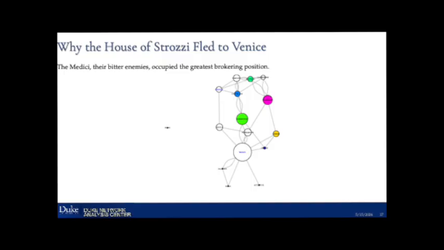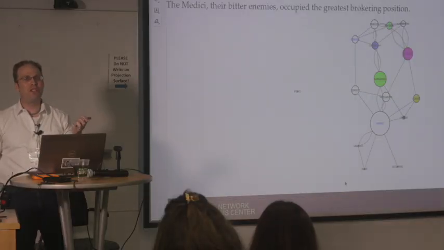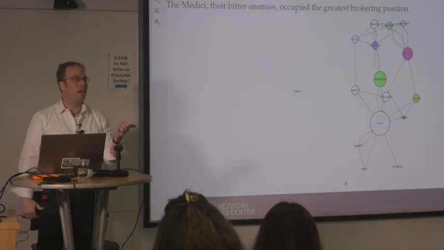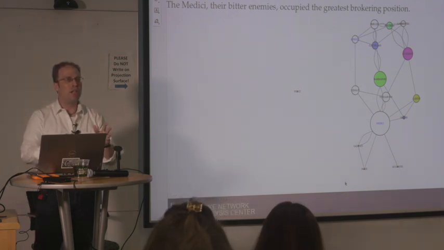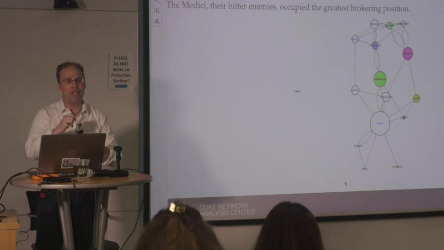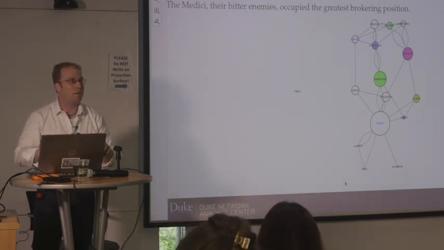I sized it by betweenness because, when I saw the role positions, I was like, oh, good. And basically, the Strozzi were run out of town because the Medicis had a lock on Florence through their marriage alliances and brokering position, which is the sort of end of the story. But imagine I didn't know that history. These methods helped me uncover those kinds of dynamics.